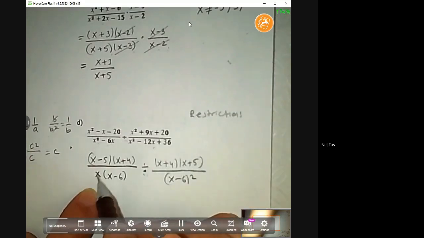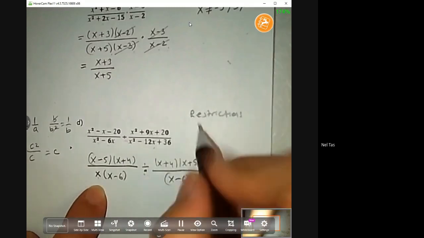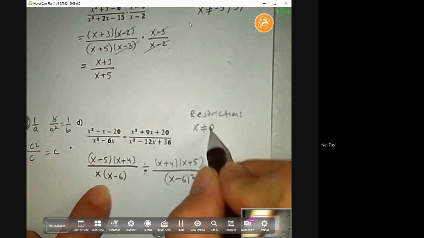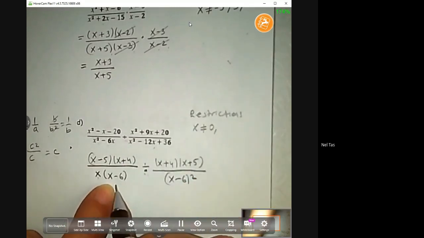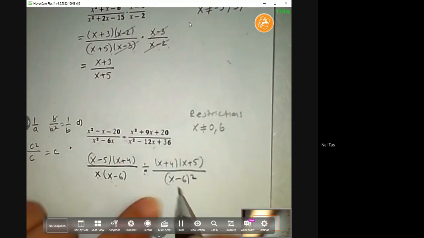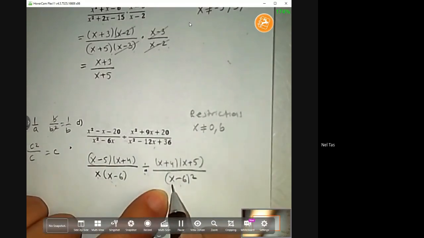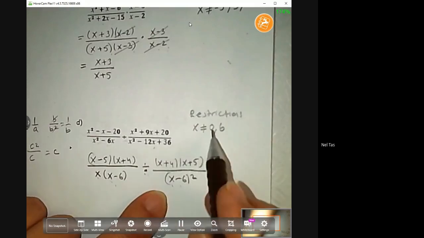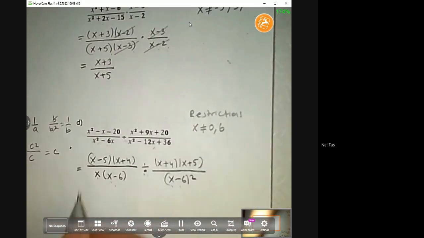If x is 0, this denominator becomes 0, so x cannot be 0. x cannot be 6. Again, if x is 6, then this becomes 0. And this is also x minus 6 squared, so if x is 6, this becomes 0.